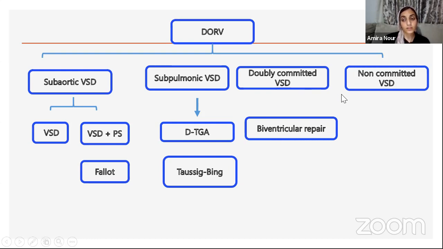And as Dr. Hatem said, for those patients with non-committed VSD, biventricular repair will be very difficult. So we would rather go for a univentricular repair to have a better outcome for those patients.